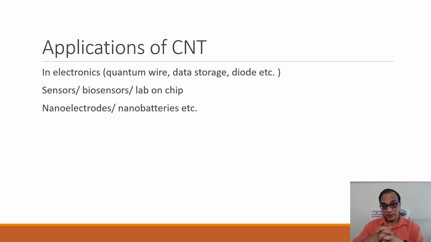In electronics, we can have the advantage with the help of quantum wire, data storage, diodes, etc. Sensors, biosensors, and lab on chips can be prepared with the help of CNTs. Nano electrodes, nano batteries, and so many applications in electronics, electricals, aviation, and other industries. We can have a lot of applications of these CNTs.